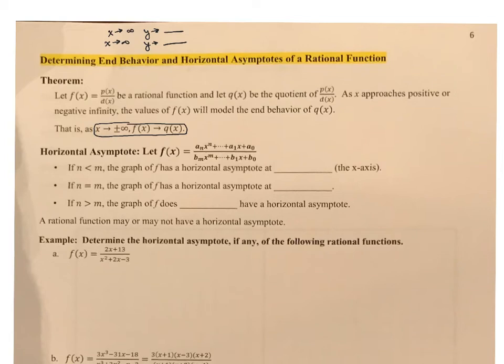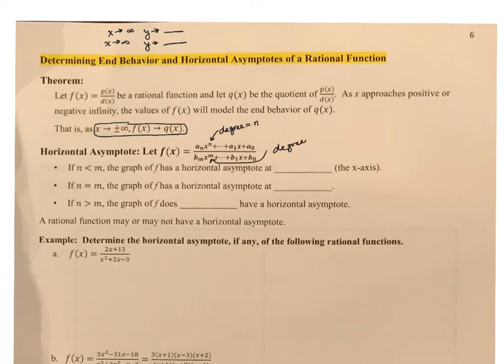Okay, so for the horizontal asymptote, we've got f of x equal to a polynomial in the numerator divided by a polynomial in the denominator. The polynomial in the numerator in this case is of degree n, and the polynomial in the denominator is of degree m.